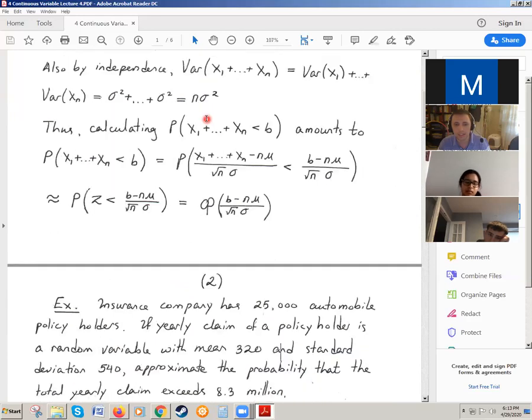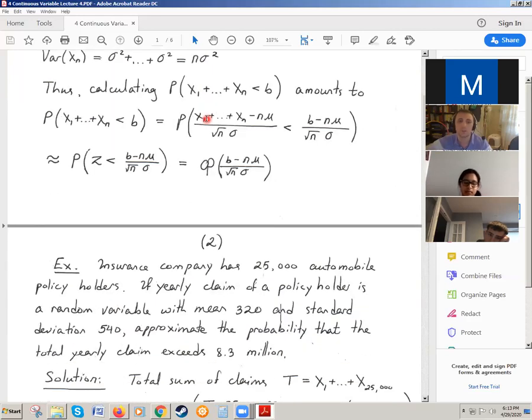So here is one example. Imagine that an insurance company, say Geico, has 25,000 policyholders. Each of those policyholders might have an accident or some damage to the car, and will file a claim.